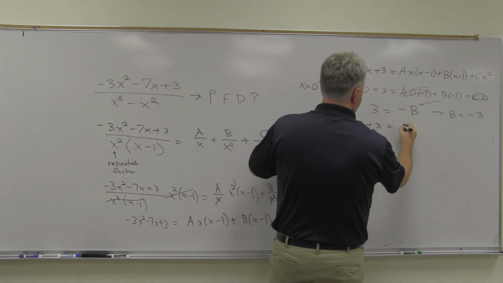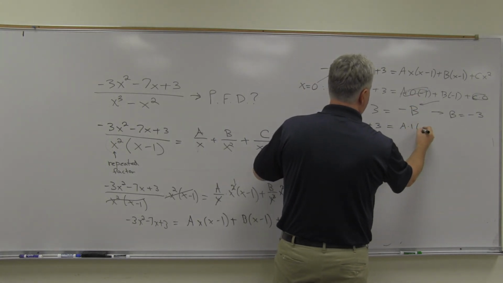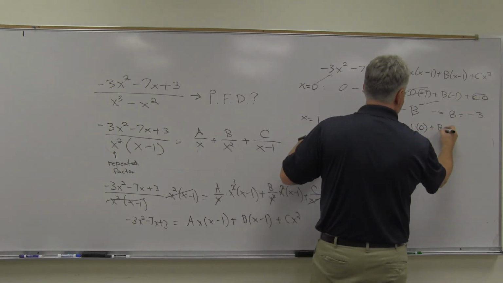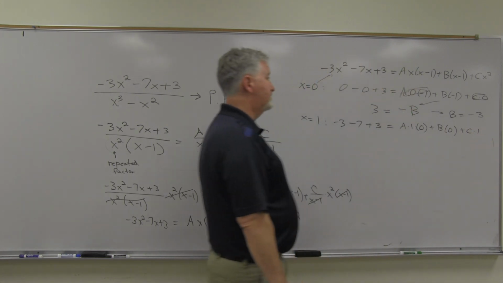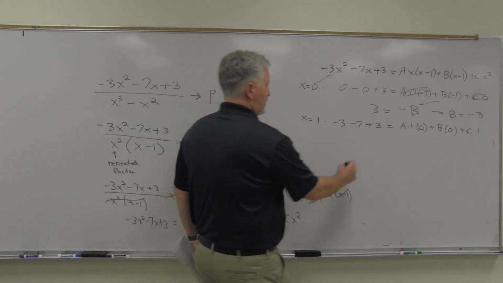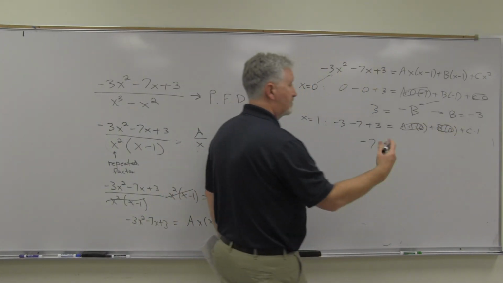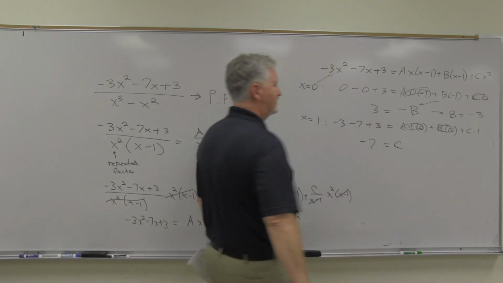On the right, a times 1 times 1 minus 1 is 0, b is times 0, and c is times 1. So again, nice things happen. This side's negative 7, that's 0, that's 0. Everything goes out except c. c is negative 7. 2 down.